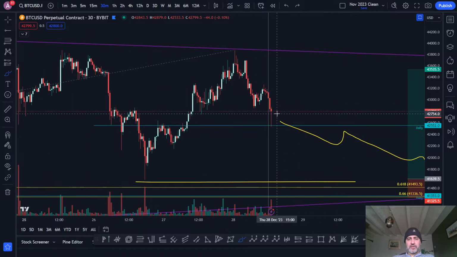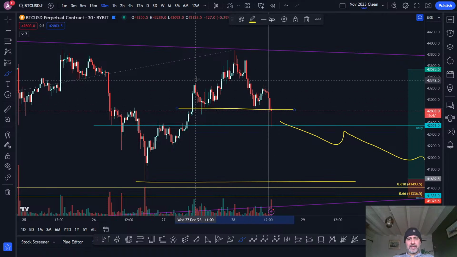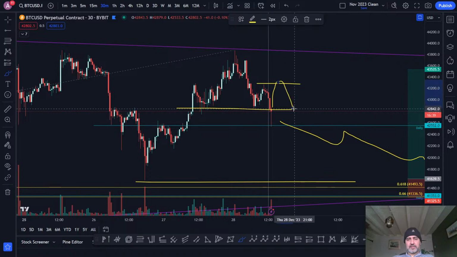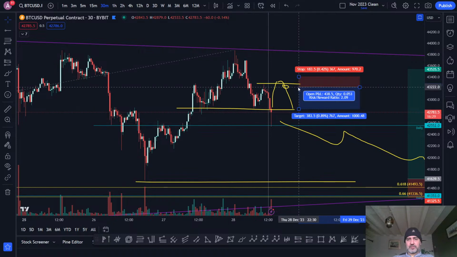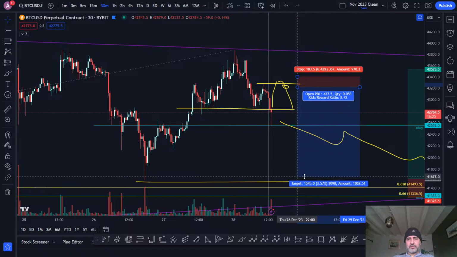If there was an opportunity, I mean it's looking like a head and shoulders, right? But maybe it just goes up one more time, takes the liquidity there, and comes back down. As it does that, you could short that, have a really small invalidation, and then maybe it goes all the way down.